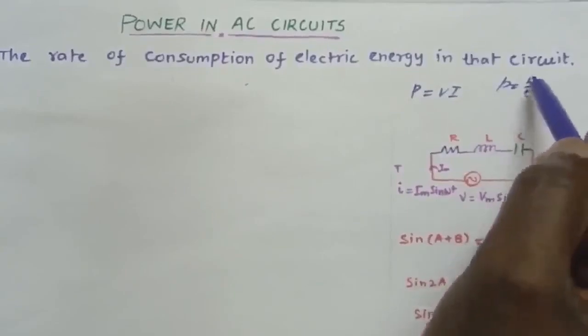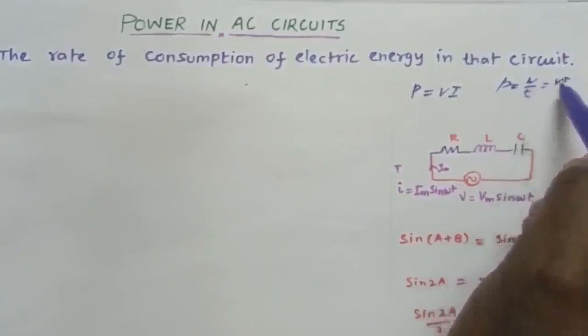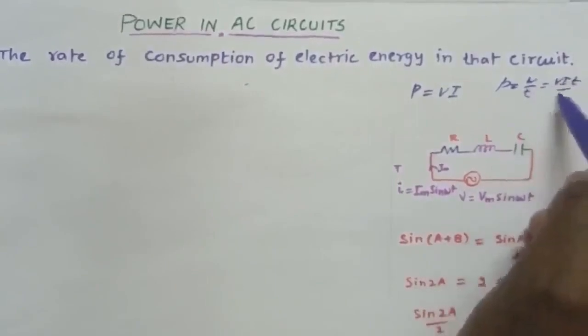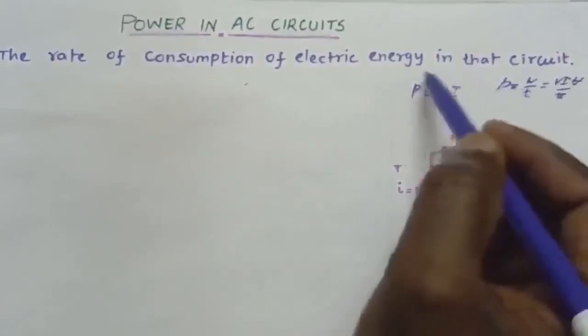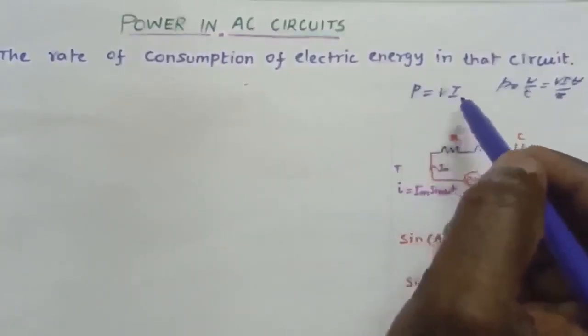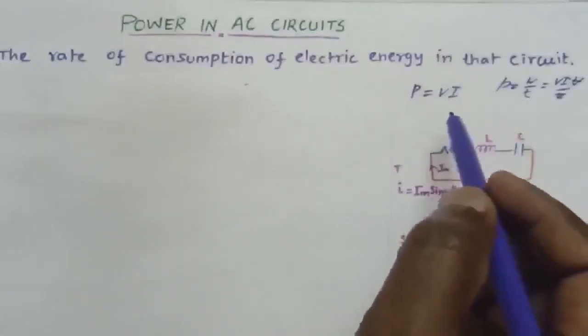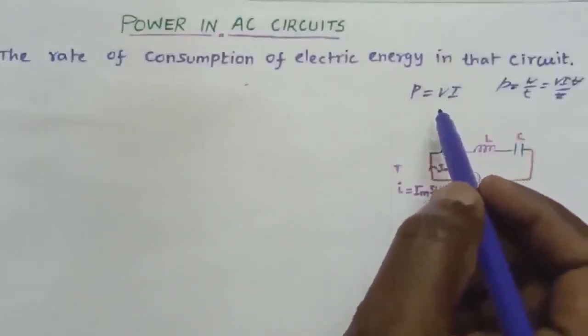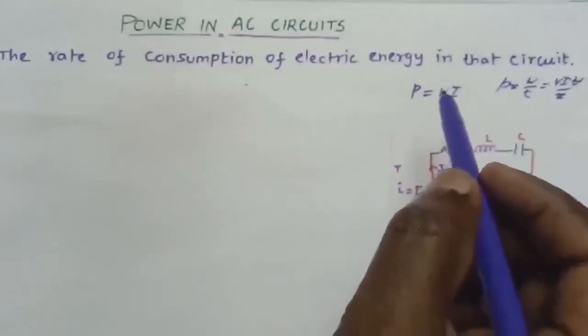Work done is VIt divided by t. Now t is cancelled, so power is equal to the product of voltage and current. Are you clear, children?